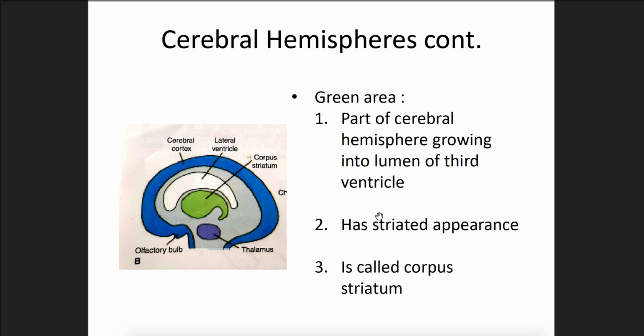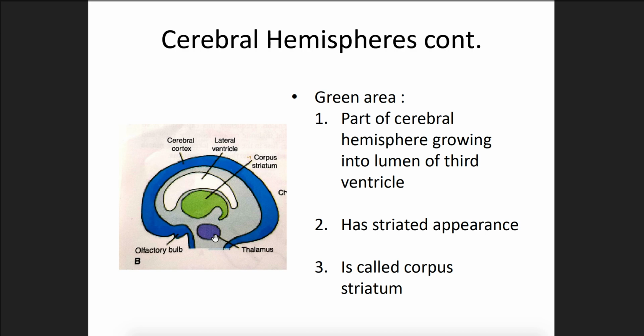This diagram, I want to show you exactly this area was the developing cerebral hemisphere. This is the diencephalon. This is the lateral ventricle, one in each hemisphere. Okay. This is the area of the diencephalon.